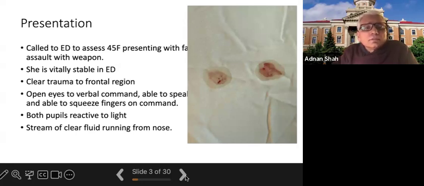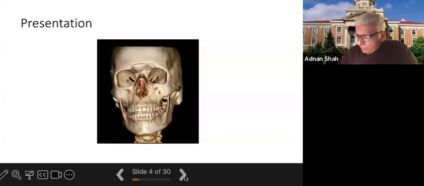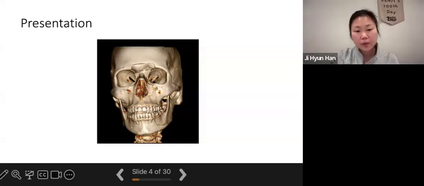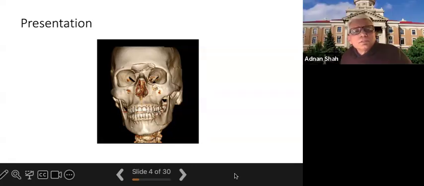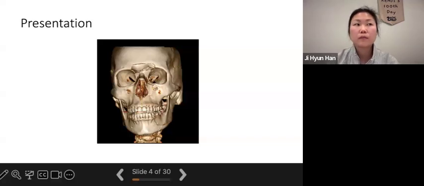Before we go on to this subject, describe the management of CSF leak. It depends on the extent of the CSF leak and other associated injuries. There are non-surgical and surgical management techniques.